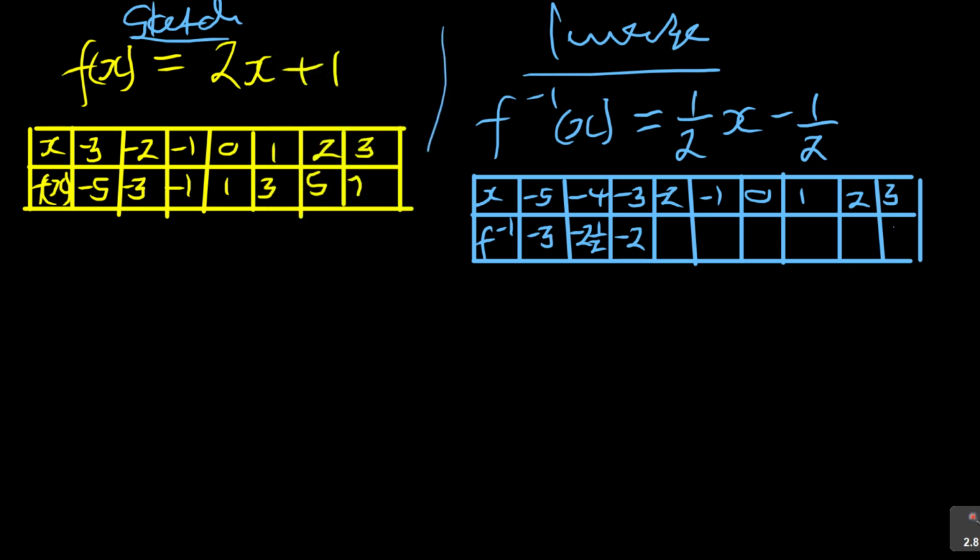So you can see 3 is 1, this is a half. If I put 1, it was a 0. If I put 0, it's negative half. If I put minus 1 here, it was negative 1. If I put negative 2 here, it was negative 1.5. So this is what we are having, and I need to sketch this.